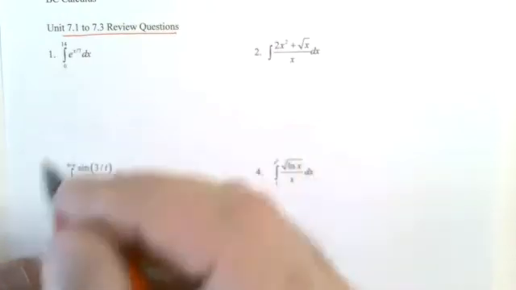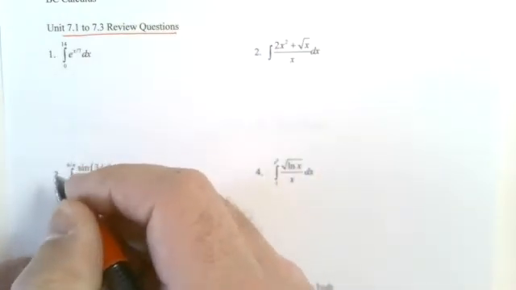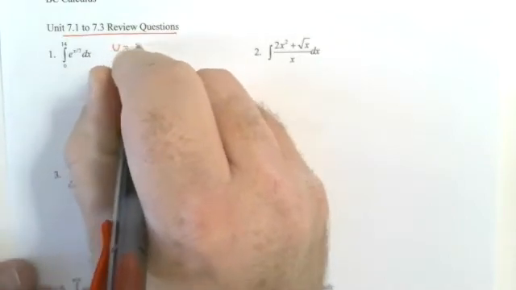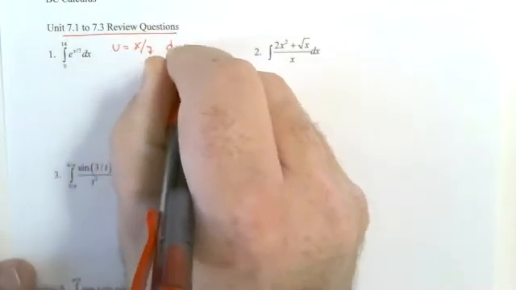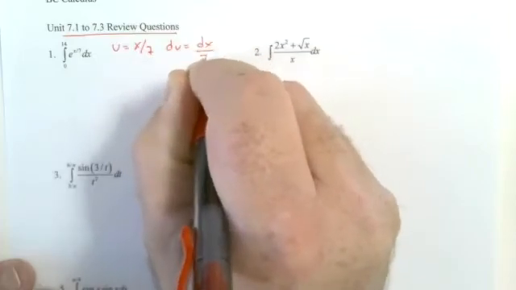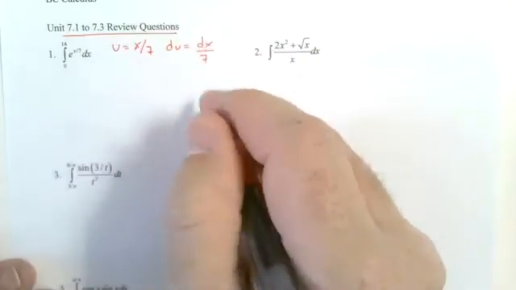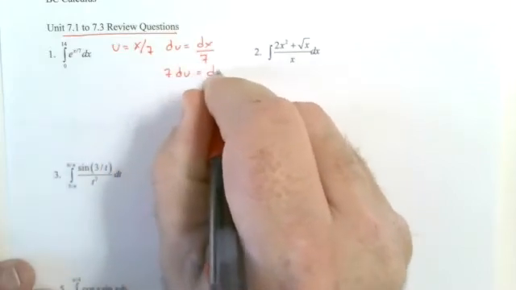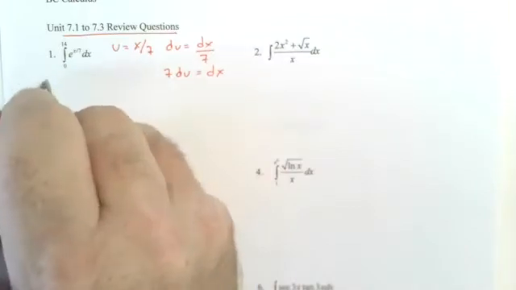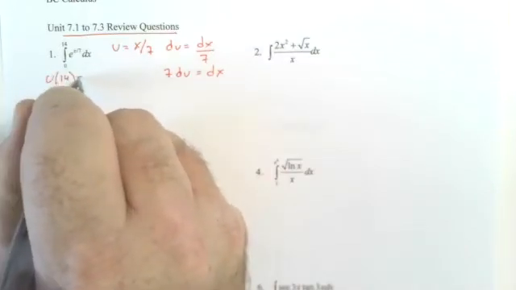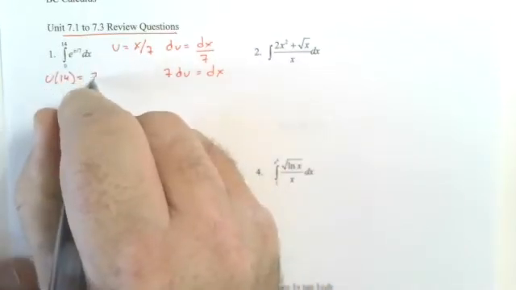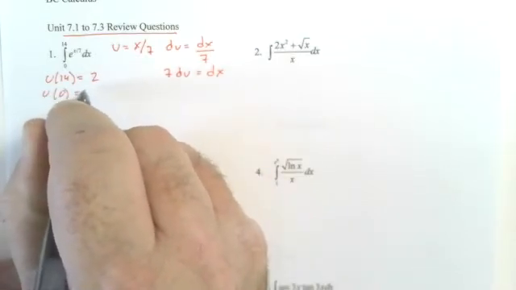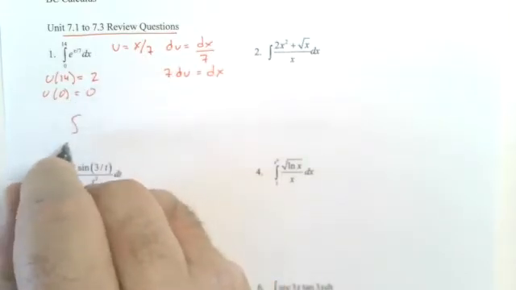Well, personally, I could do this without the u substitution, but let's show it properly. And while I'm here, u of 14 equals 2, u of 0 equals 0. Substitute everything in.